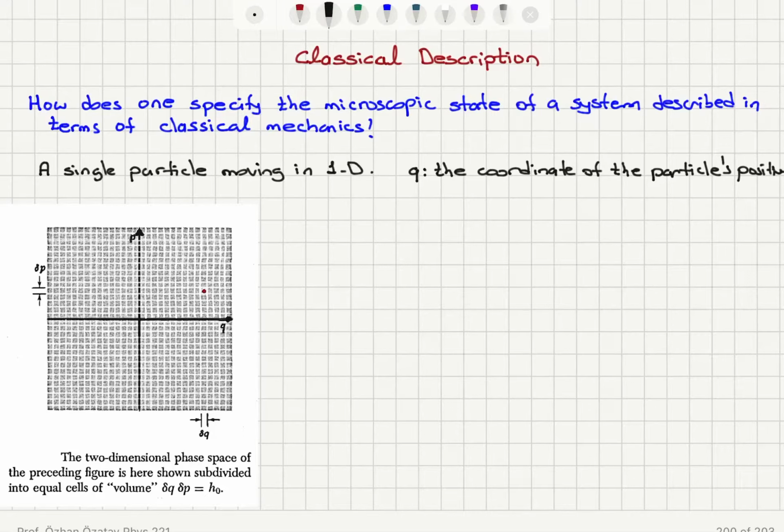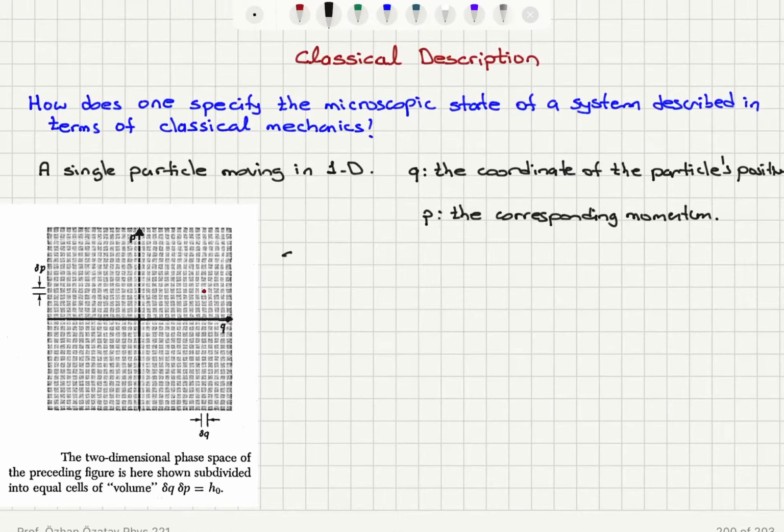And I call P the corresponding momentum. So I have two numbers: Q, the component of the coordinate of the particle's position, and P, the corresponding momentum.